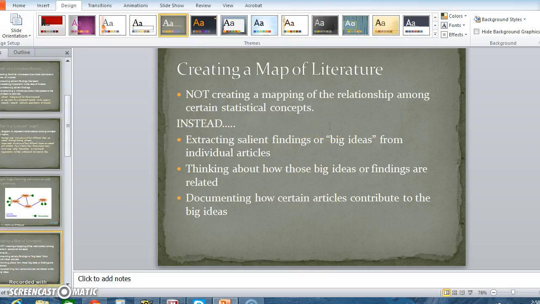Right. So when you consider creating a visual map of your literature, you're not creating a mapping of the relationship among certain statistical concepts. Remember, as we talked about before, finding very specific statistics for methods and results sections of articles is not useful for a literature review in which you're trying to provide a general overview of what the topic is, why the topic is so important for research, how this topic has been argued, researched, and presented, what the findings are, what the gaps are, what's missing, and what needs to be done further when it comes to this type of research and this research problem.